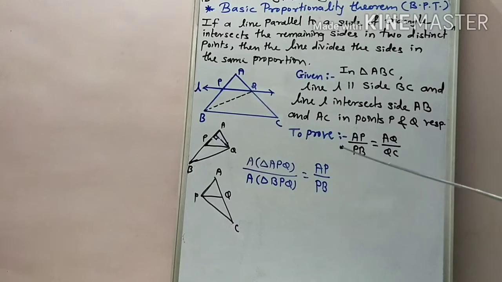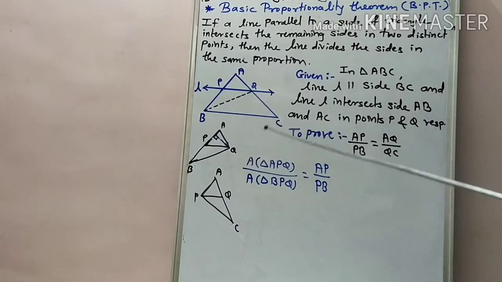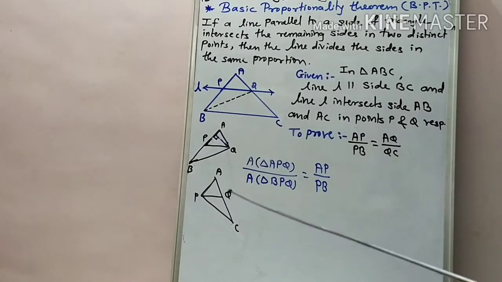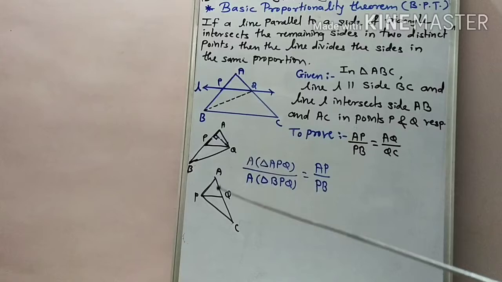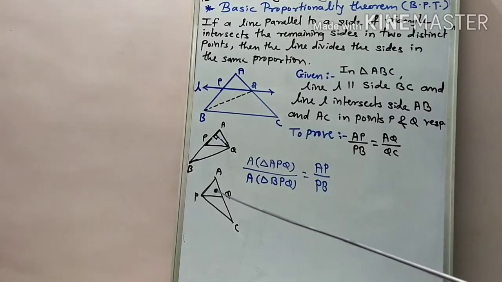Similarly, we join PC, and here we get two triangles, APQ and CQP, or PQC. With the same property, these two triangles have equal height.